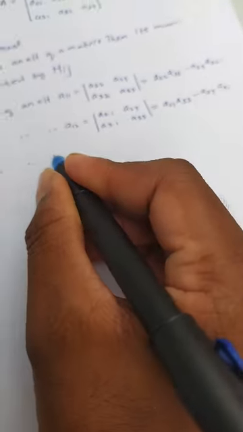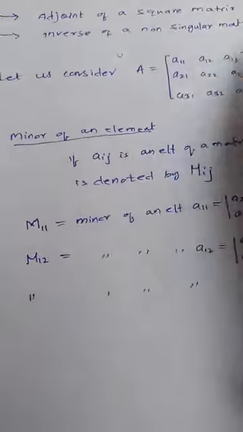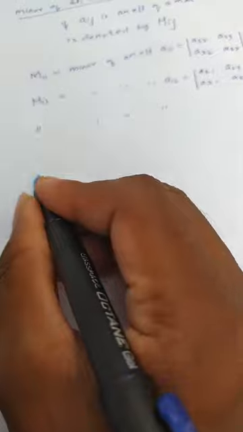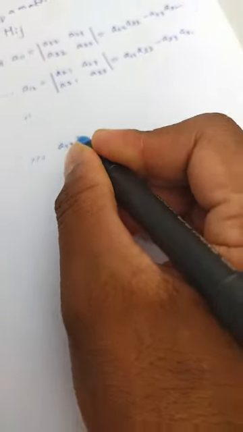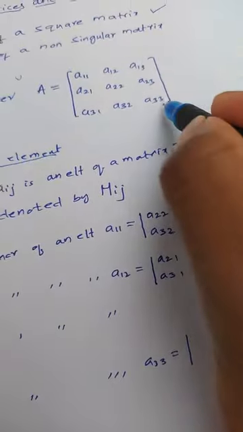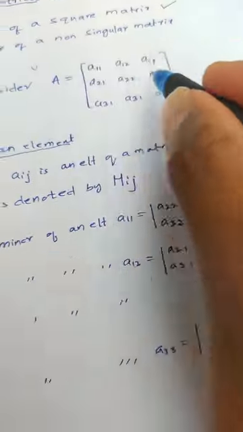In the similar way, we can find all the minors of the elements. Similarly, suppose I need the minor of the last element a33. It is denoted by M33. For that, remove the last column and last row. You will get these 4 elements.